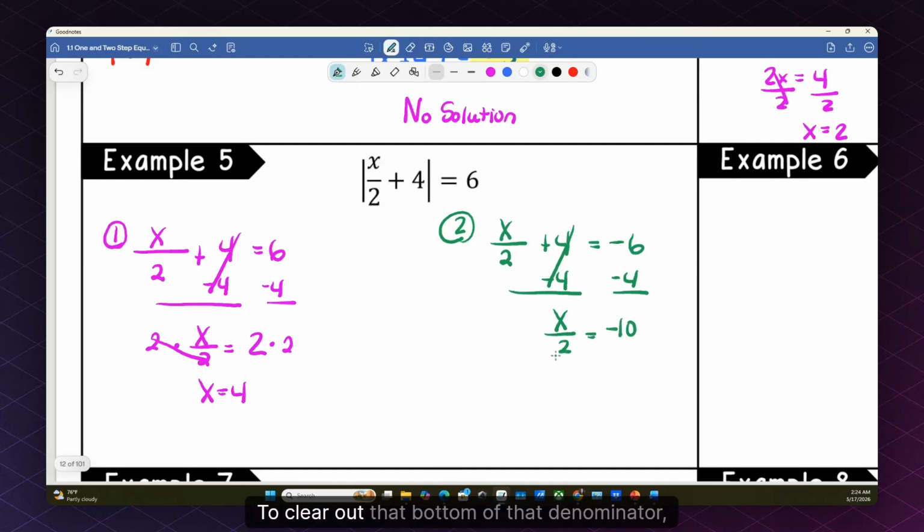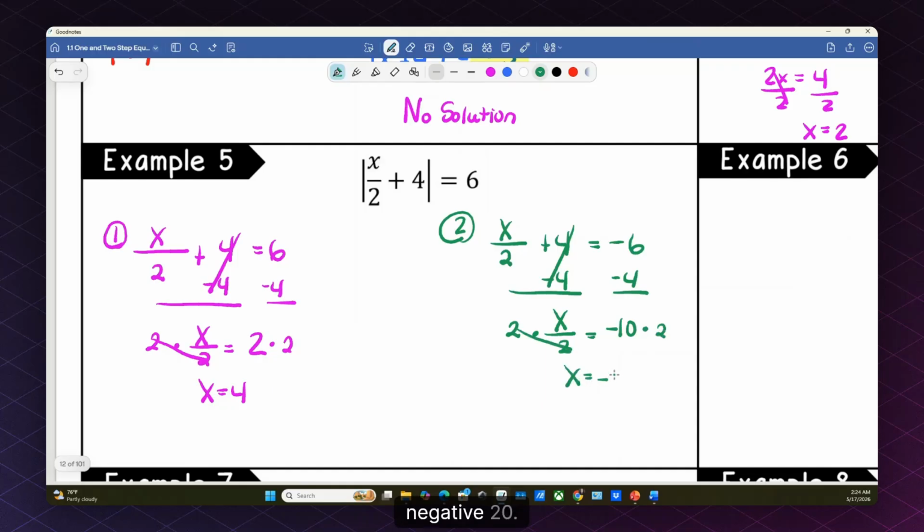To clear out that denominator, we're going to multiply by 2 because that is the inverse operation of x divided by 2. If we undo the division, we multiply. That cancels, and we get x equals negative 20. So our two answer choices here are going to be x equals 4 and negative 20.